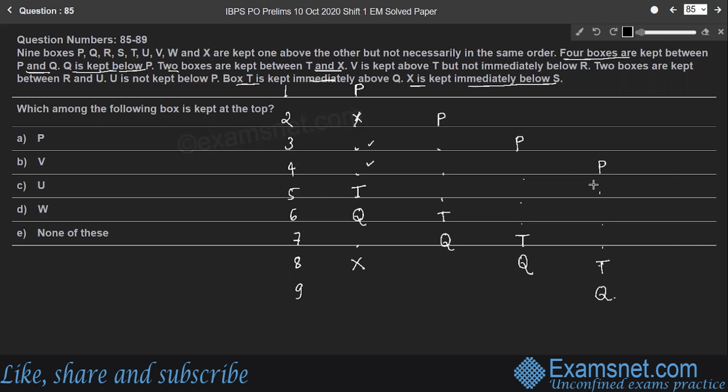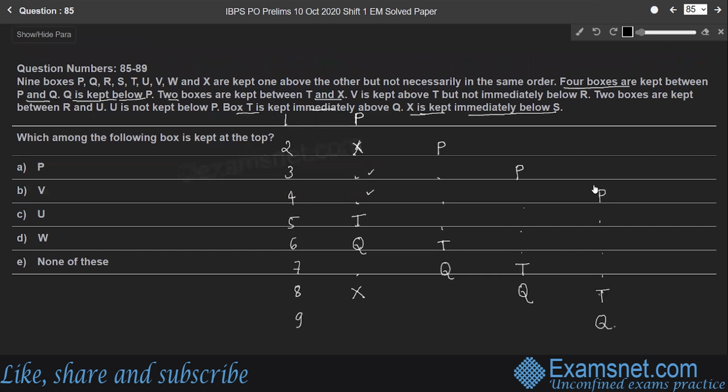We can't keep X in the second position because of the last point, X is kept immediately below S. If we keep the box X in the second position, X becomes below P, not below S. Therefore, we have to keep the box X in the eighth position, right?